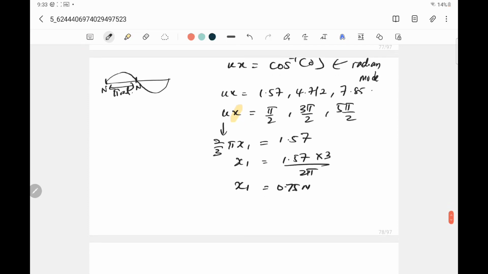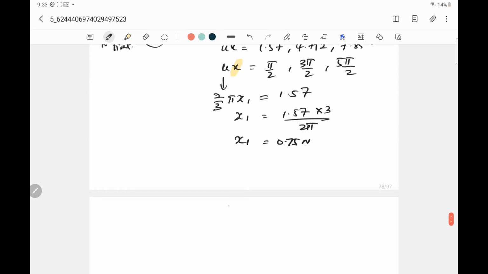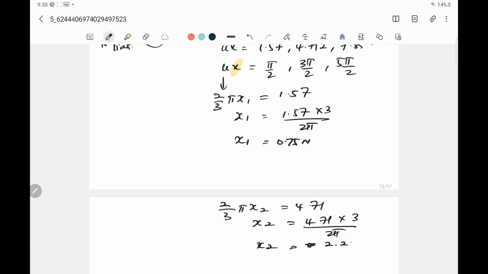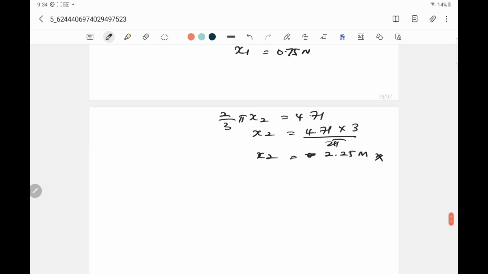You find the second node: 2 pi over 3 x2 equal to 4.71. So x2 equal to 4.71 times 3 over 2 pi, we have 2.25 meters for node number 2.